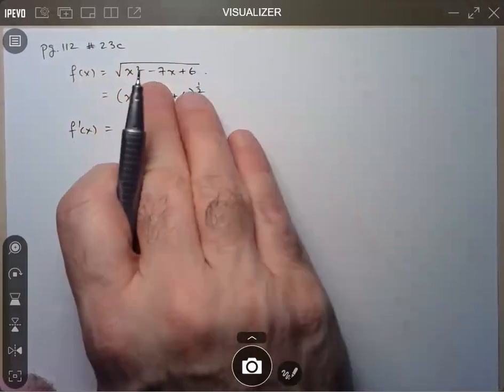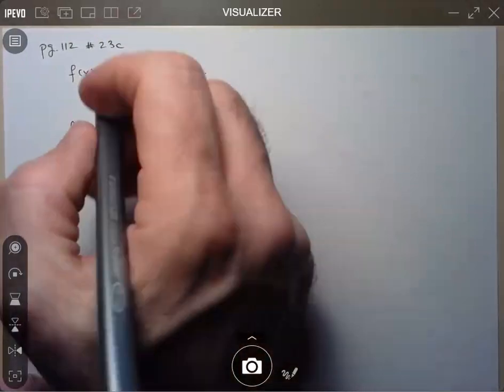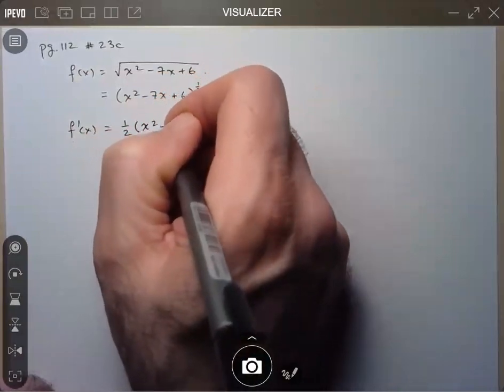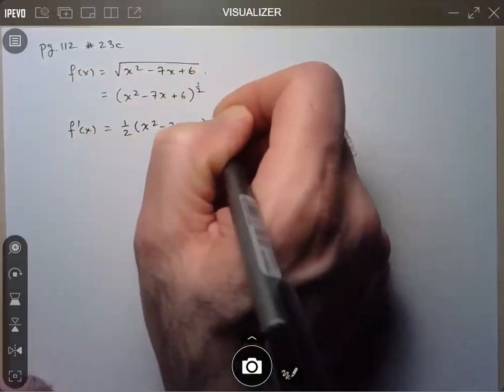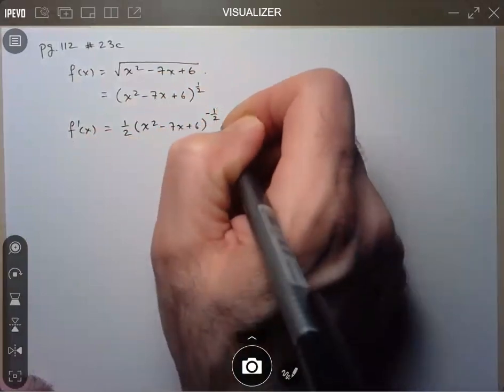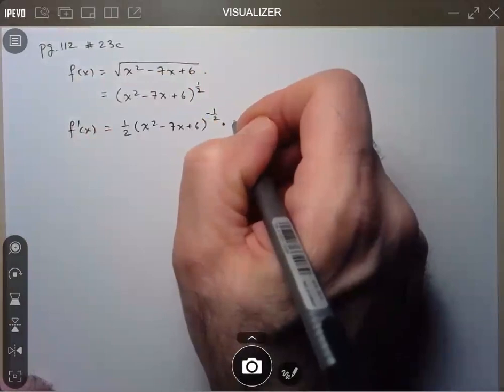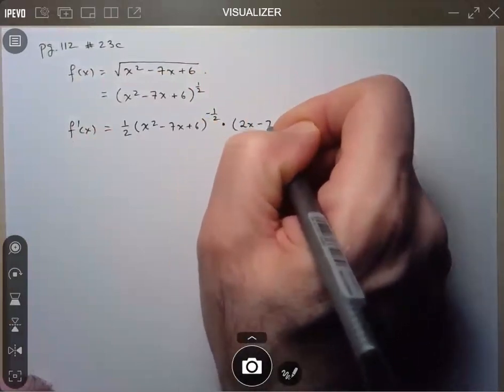I'm taking the derivative of u to the 1/2. So 1/2 u, which is x squared minus 7x plus 6, to the negative 1/2, times the derivative of u with respect to x. And so that's going to be 2x minus 7.